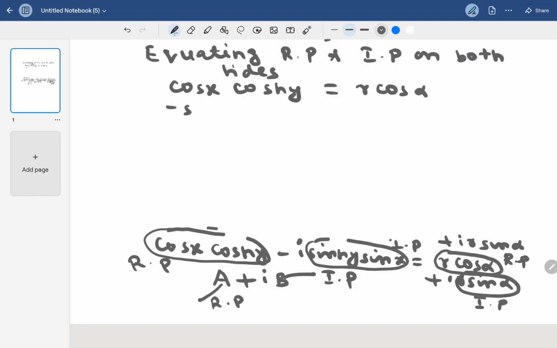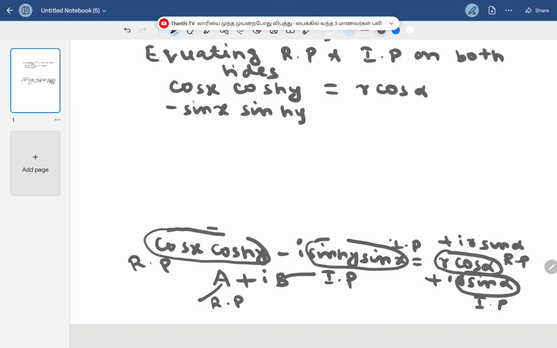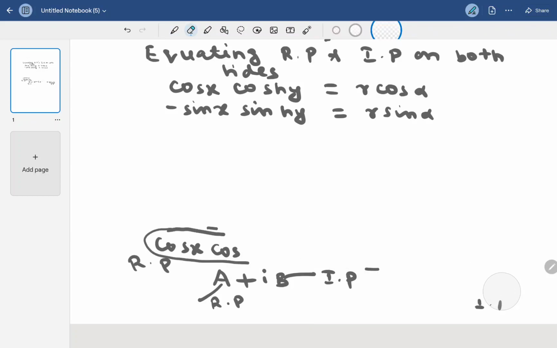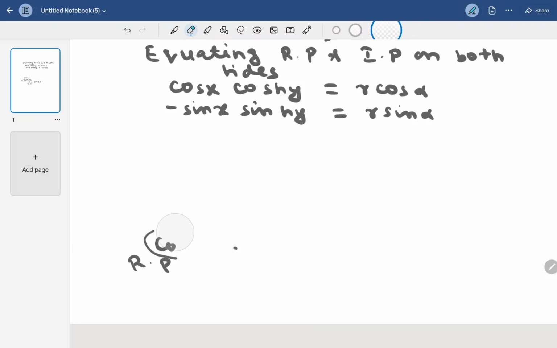Imaginary part minus sin x sin hy here, or r sin alpha. This is equation 1. This is equation 2.